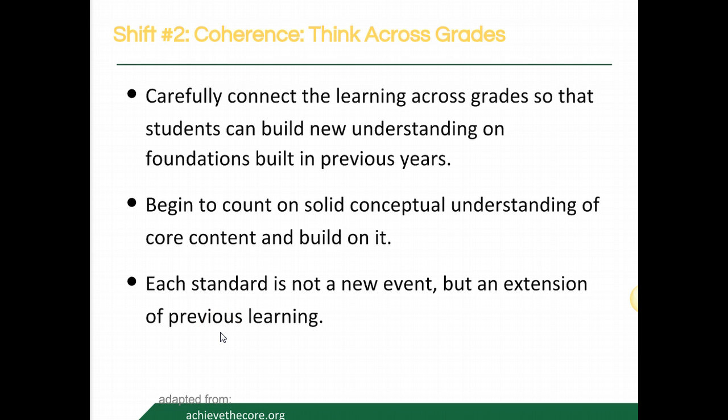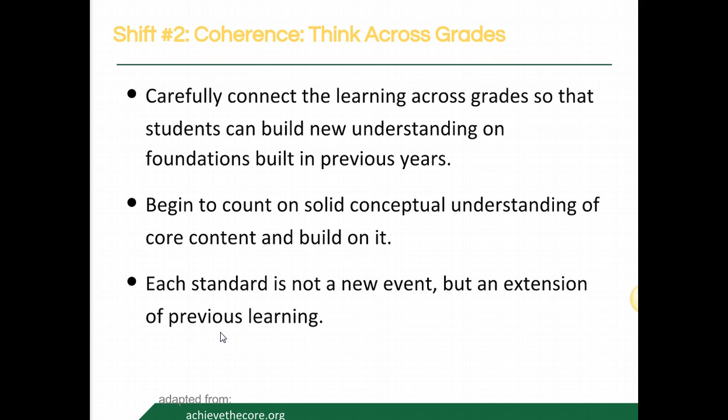All right, that second shift we call coherence. We're thinking across grades, where we carefully connect the learning across grades so that students can build new understanding on foundations built in previous years. Typically, a current math year spends about 25% of the year reviewing and reteaching previous grade level standards, not as an extension, but rather as a reteaching exercise to get them ready for the year.